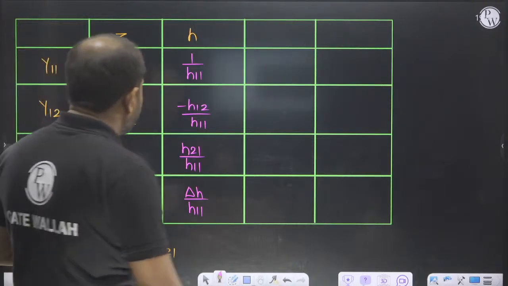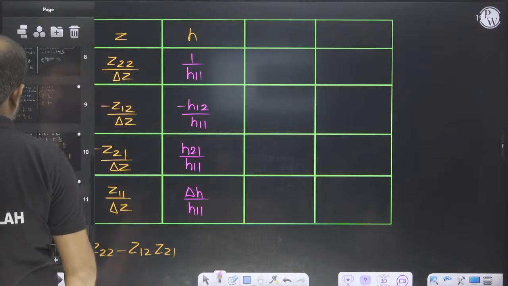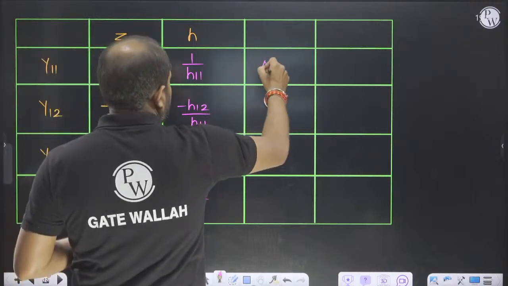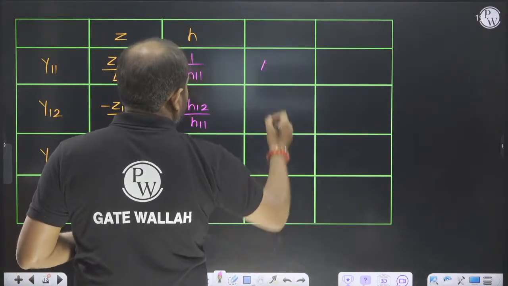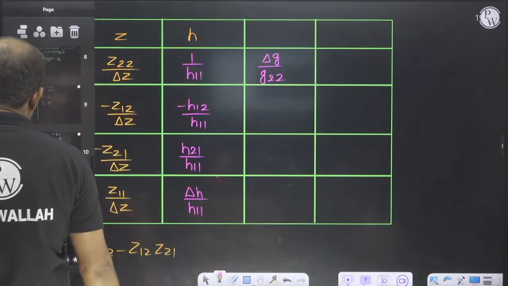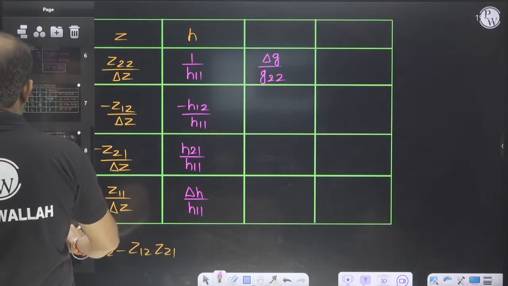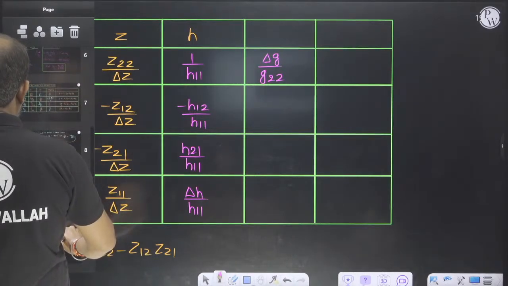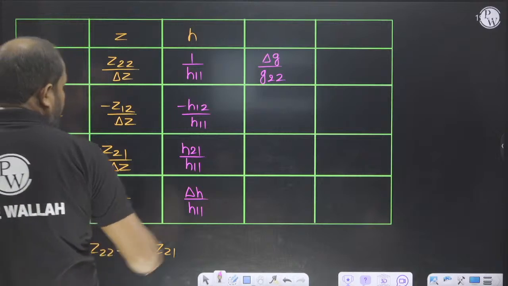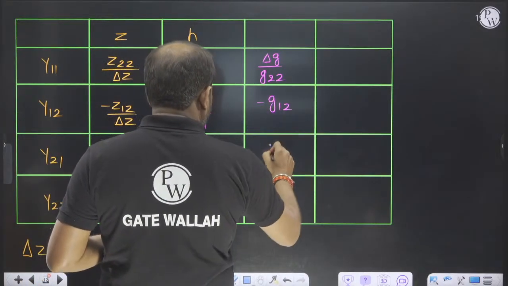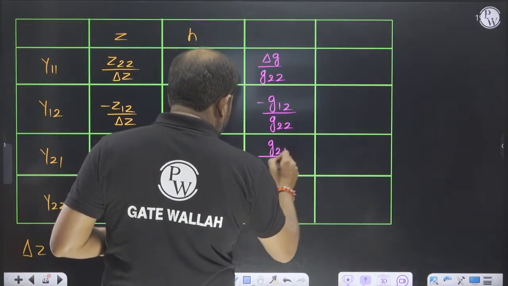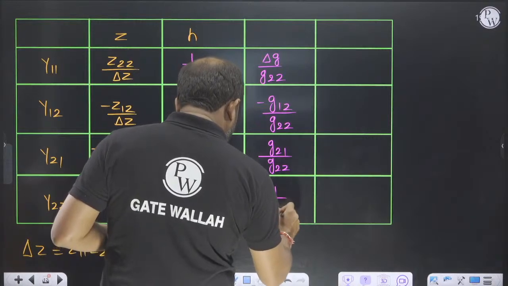In terms of G parameter, it will be delta G upon G22, and H12, minus H21 upon G22, and 1 by G22.